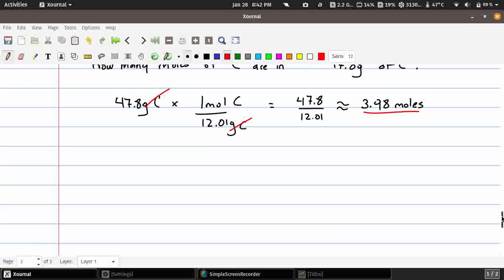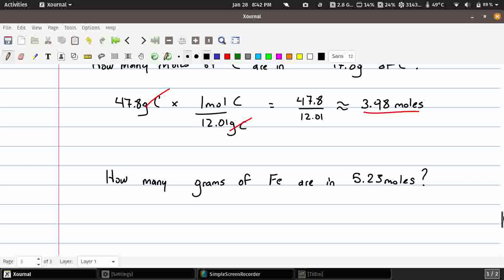All right, so I'm going to give you another one. How many moles? Oh, wait, no. I'm going to do grams this time. How many grams of iron are in, I don't know, 5.23 moles?